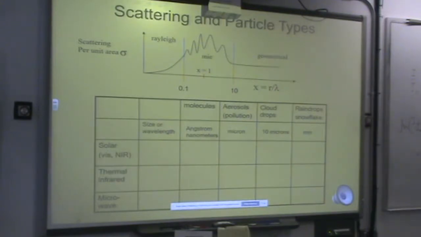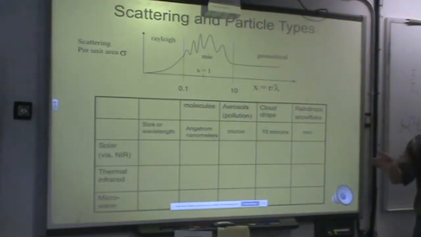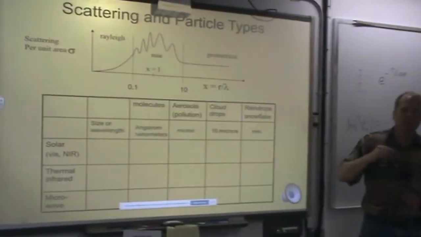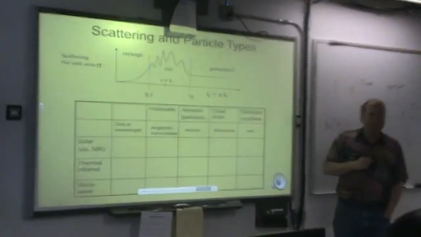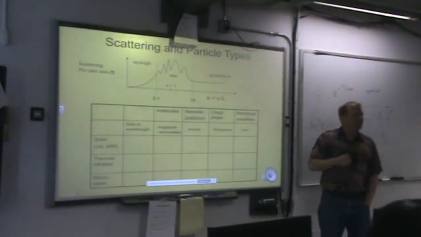Good. Now these things have to be compared to the different forms of light. So we have the solar spectrum, which is the visible and near IR and actually UV as well. And you maybe should know this from the last couple of days. What about the wavelength of visible light, solar spectrum?